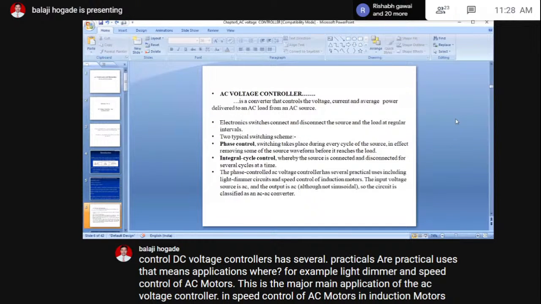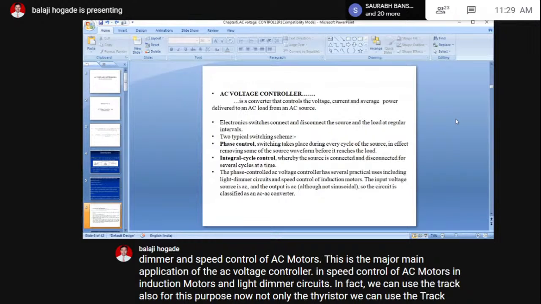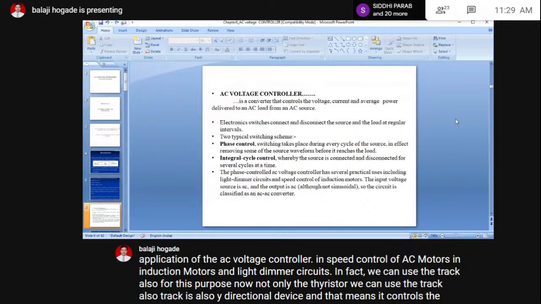In fact, we can use the triac also for this purpose, not only the thyristor. Triac is also a bidirectional device, and that means it controls the voltage in both cycles. Then a thyristor is not a bidirectional device. Then how can it control AC?